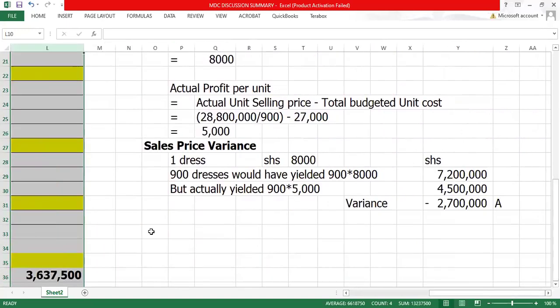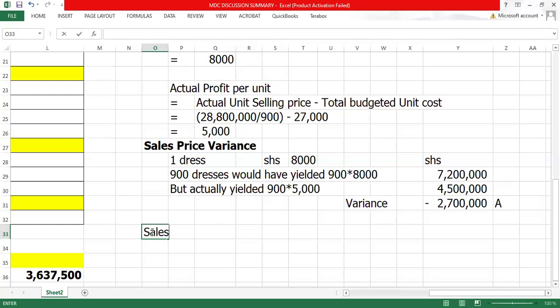Next, we need the sales volume variance. Just understand the flow. When you are getting sales volume variance, you are looking at what you expected to sell in terms of quantity.